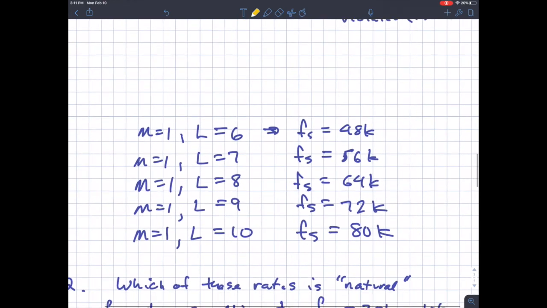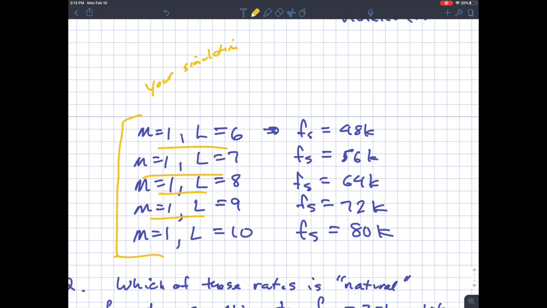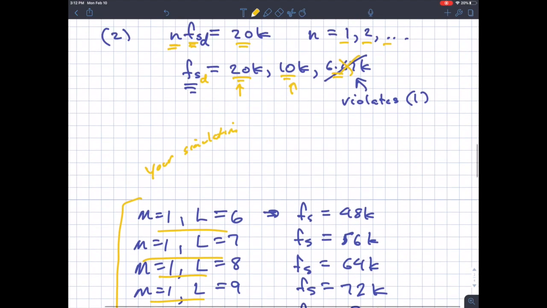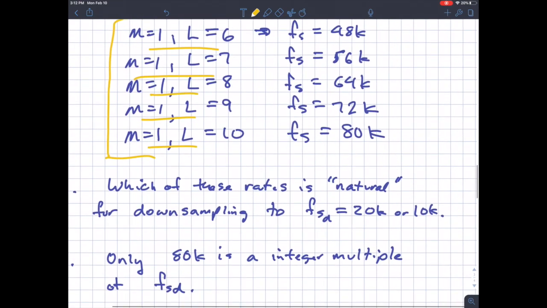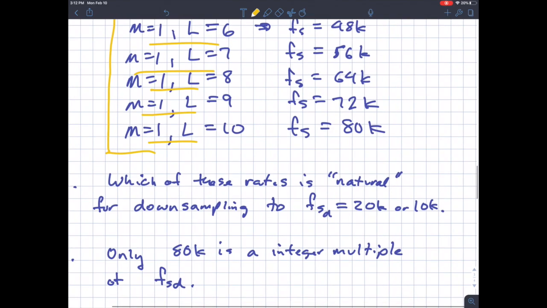Let's go back to the original possibilities that would show up from your simulation. You chose one of these rates. What we're trying to do is downsample without an anti-aliasing filter, which means simply take every nth sample without the low-pass filter.